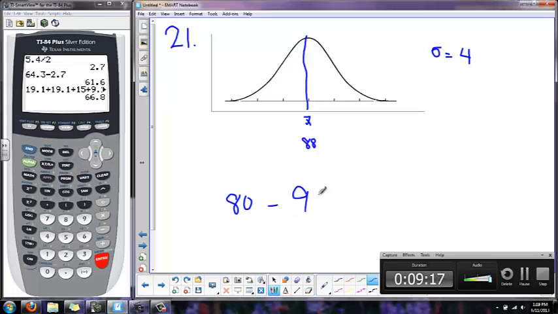80 and 96. And then we're going to have to figure out where these scores lie on our normal curve, and then add up those percentages in between, okay? So we don't necessarily have to label all of these, but that's a -1, that's a -2, and this is a -3. This is +1, +2, and +3.